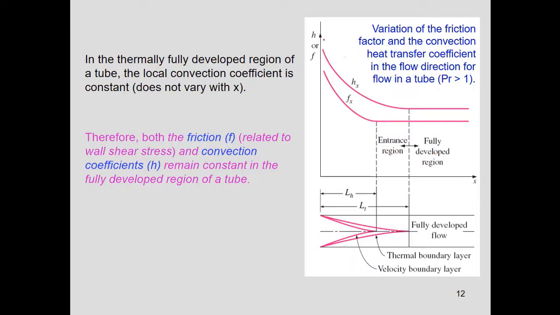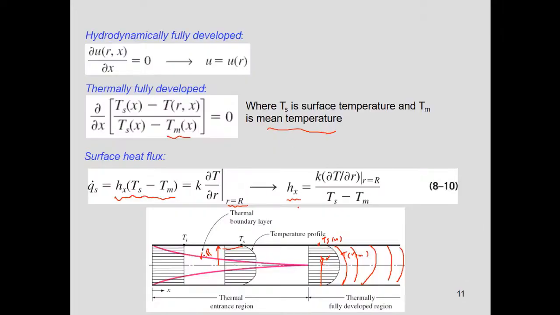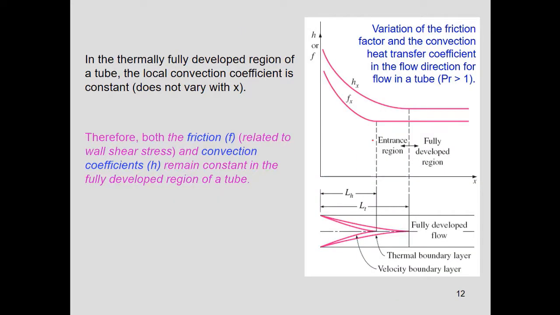This h, or h(x), which we have calculated here, is not changing anymore. It is constant for the fluid and the surface. This heat convection coefficient h is constant. h(x) at this part will be h. It's a constant value. This is the reason why this fully developed region is important.